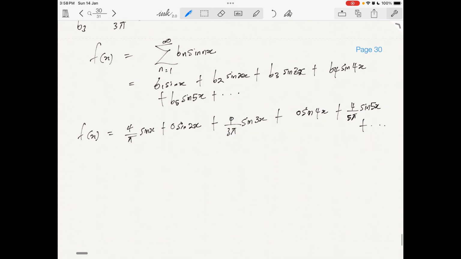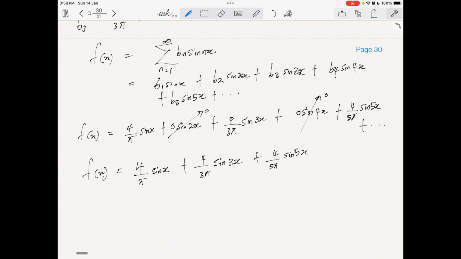So in conclusion, we can say the even terms are 0. So our Fourier sine series of f of x equals 1 is 4 over pi sine x plus 4 over 3 pi sine 3x plus 4 over 5 pi sine 5x.